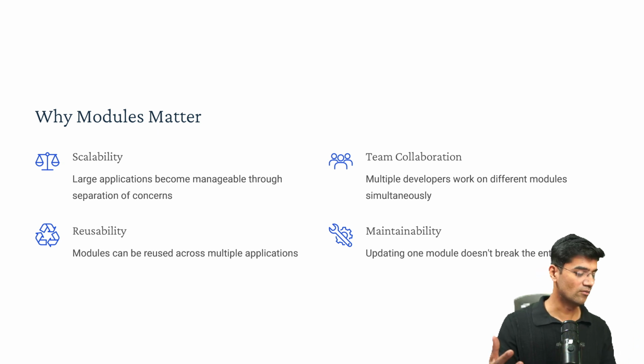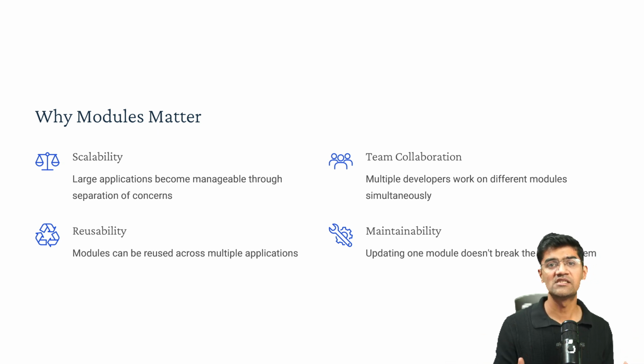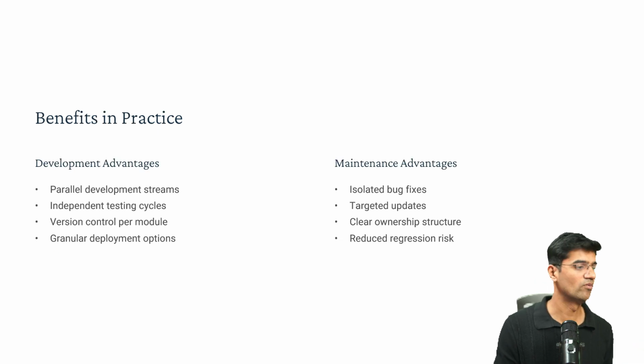So with a multi-module architecture, it becomes easy for a team to work on a single project. Also reusability. If we have modules specific to the business need, then we can easily reuse them in other modules or in another application. And if it provides reusability and team collaboration, it will always be easy to maintain.